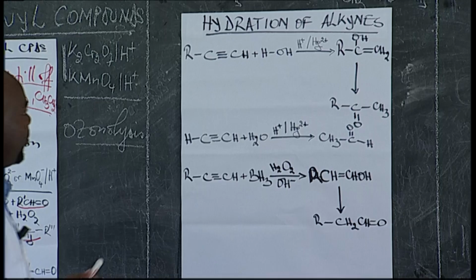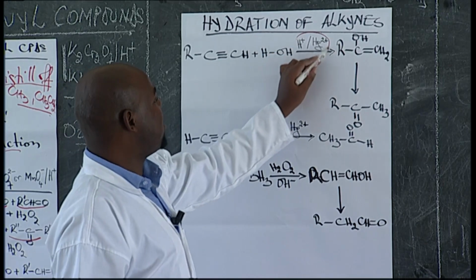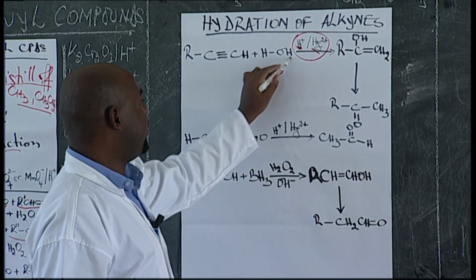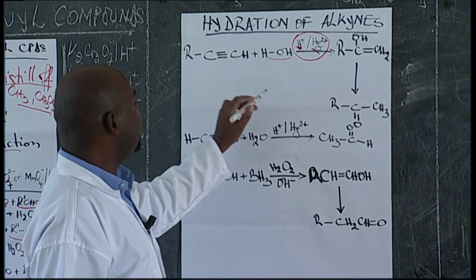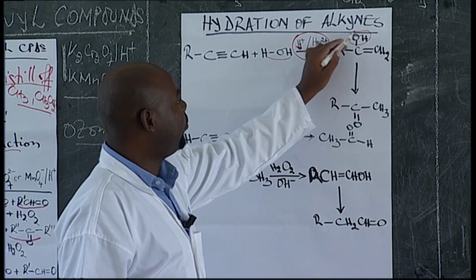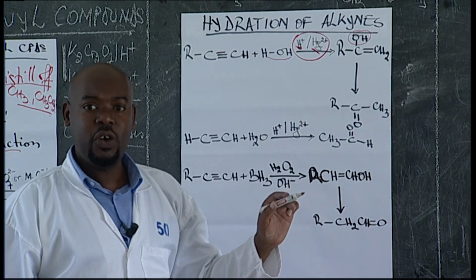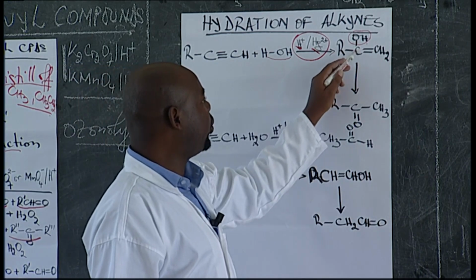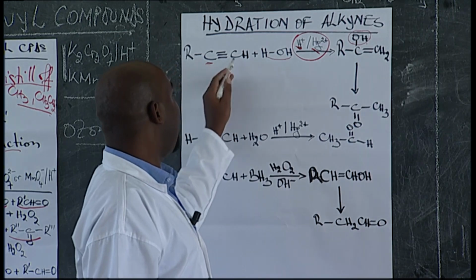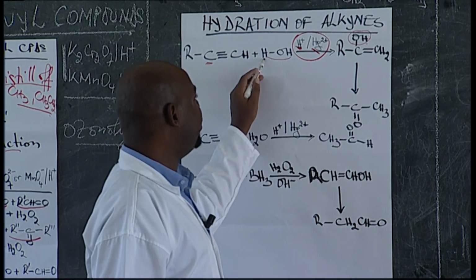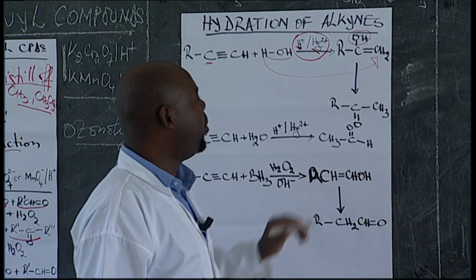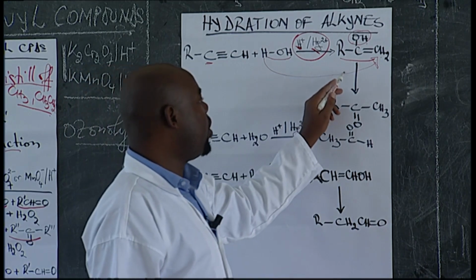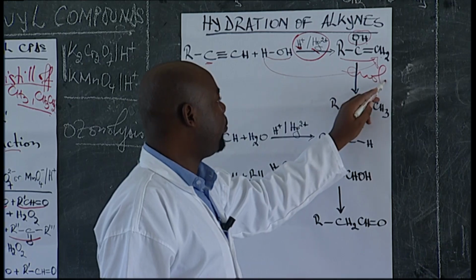And here you can see what I'm saying: the acid and the mercury salt, the water we add, and the OH. Do you remember the Markovnikov rule? Yes, you remember it. So the OH goes to the carbon which is less hydrogenated, and the hydrogen goes to the carbon which is more hydrogenated. And we produce this compound which we call an enol.